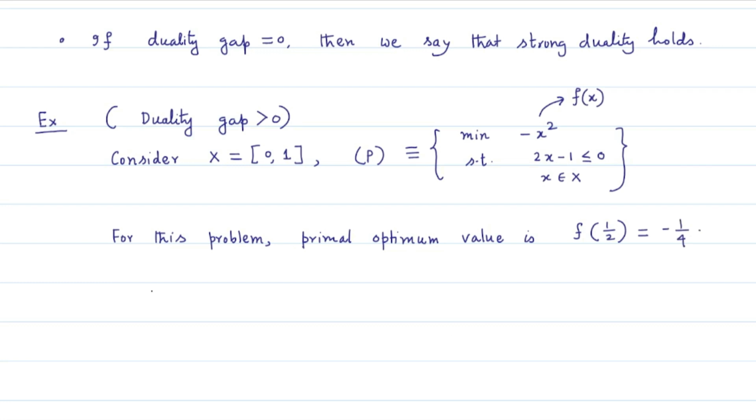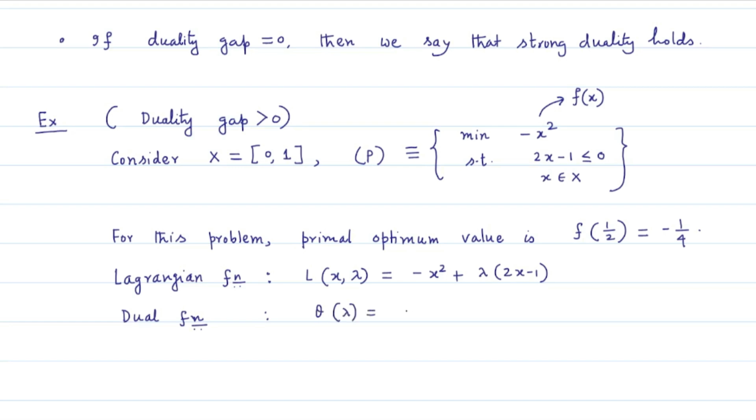But what about the dual? To find the dual of this problem, let us at first identify the Lagrangian function, which is given by L(x, lambda) equal to minus x square plus lambda times (2x minus 1), and therefore the dual function, the objective function of the dual problem, is given by theta(lambda), which is the infimum over x belonging to capital X, that is the interval 0 to 1, of this expression L(x, lambda).